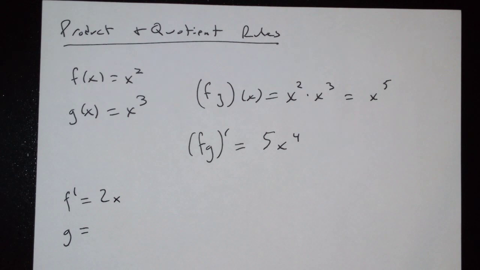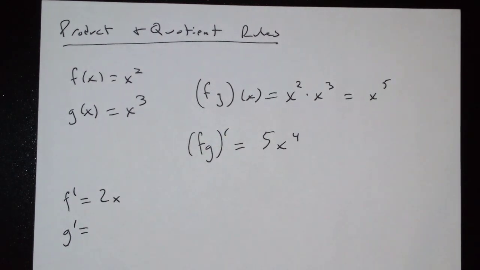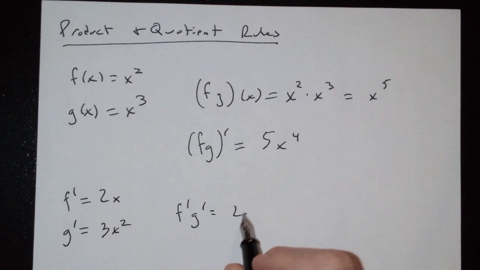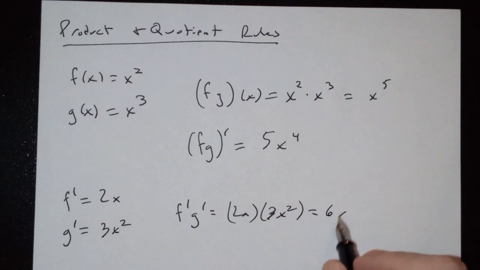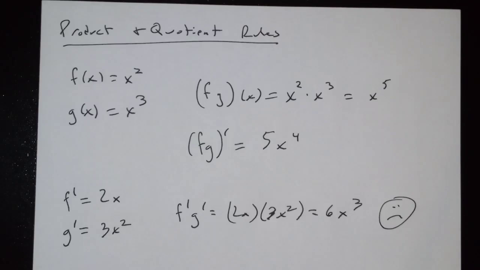And the derivative of g, derivative of x cubed, that doesn't work. The derivative of f times the derivative of g does not give us the same thing as the derivative of the quantity f times g. What the? I don't like that.